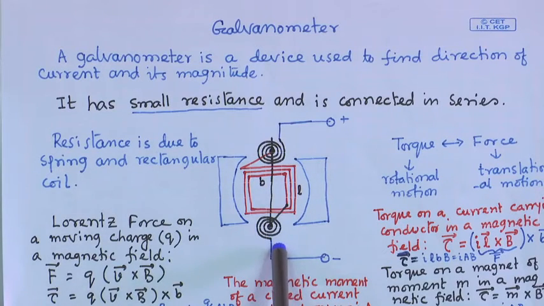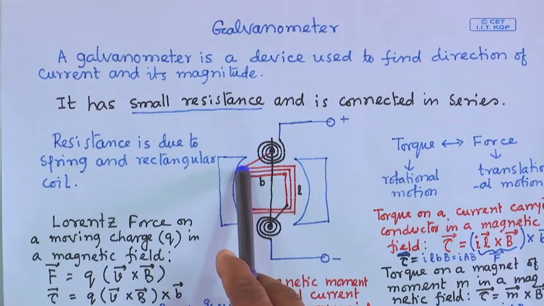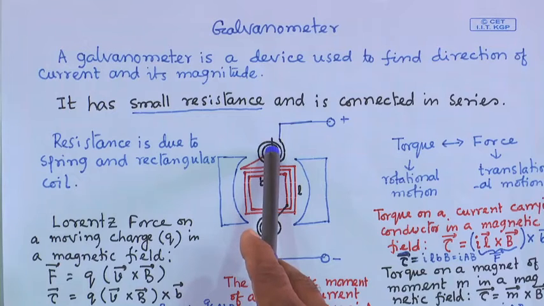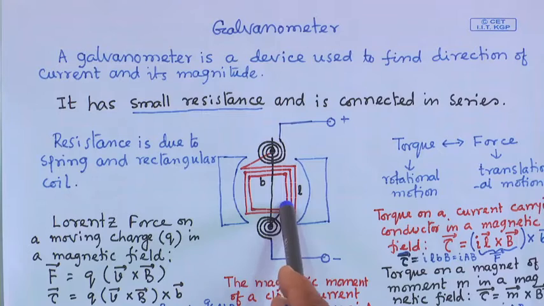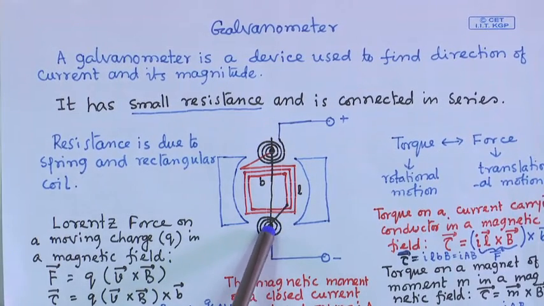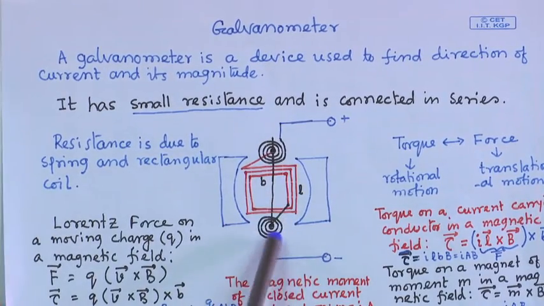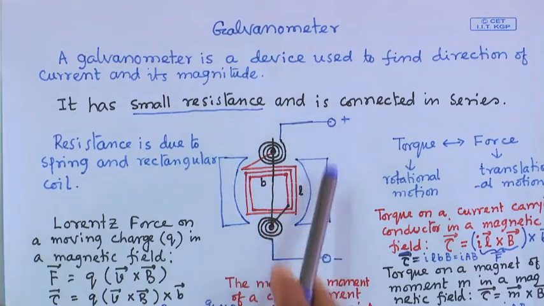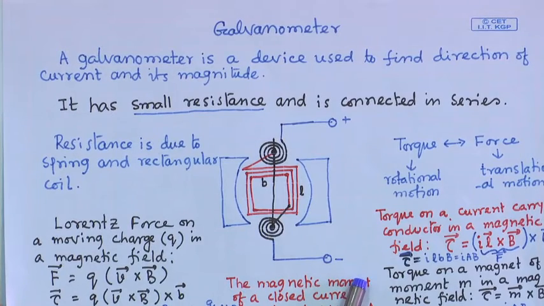One end of the rectangular coil is connected with one end of the top spring, and the other end of the coil is connected with one end of the bottom spring. The other ends of the springs are the two wires we take as the connectors of the galvanometer.